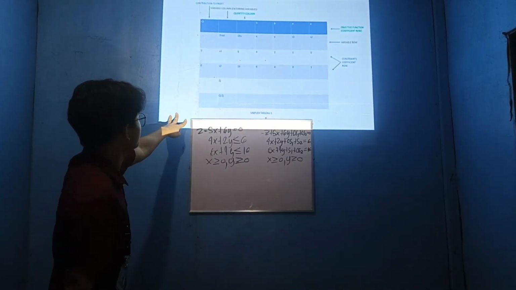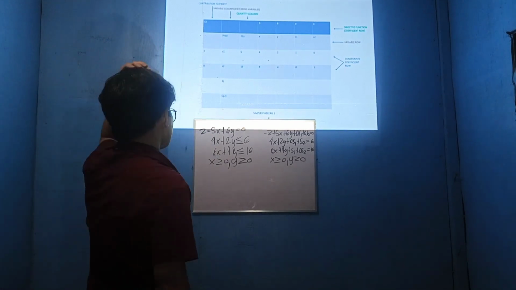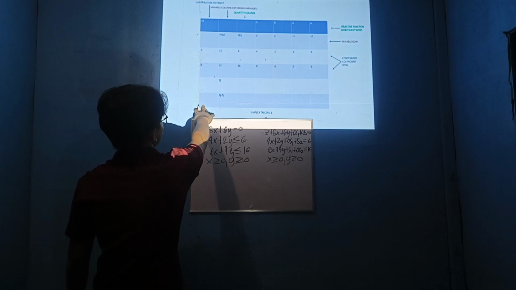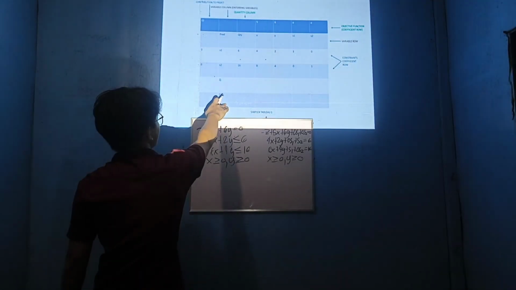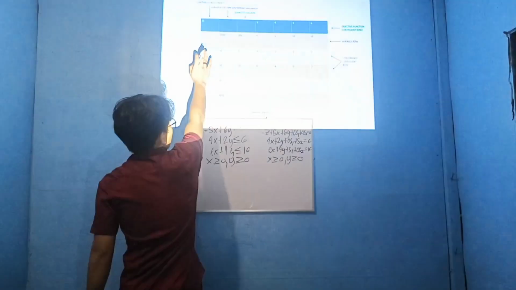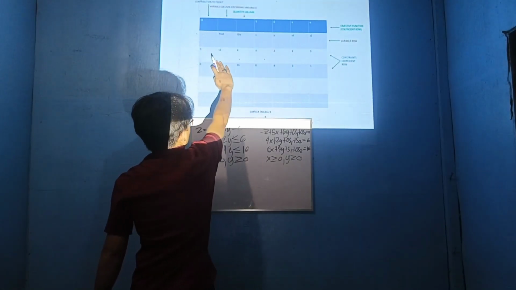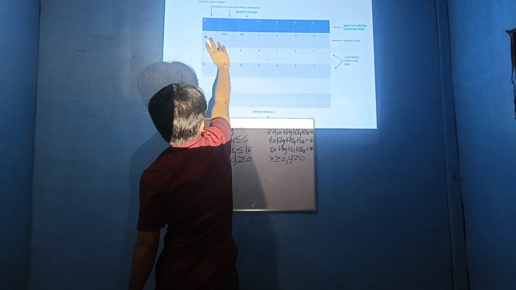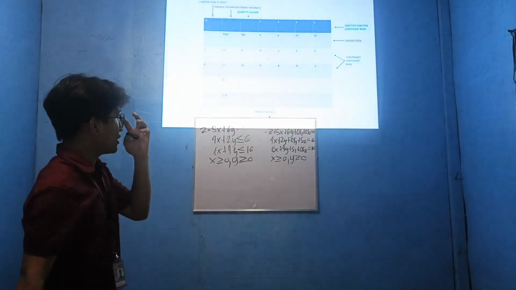Here, as projected, we have the contribution to profit, and the variable column, the entering value, the quantity column, and our constraint coefficient rows, and our variable row and our objective function will be at the top.